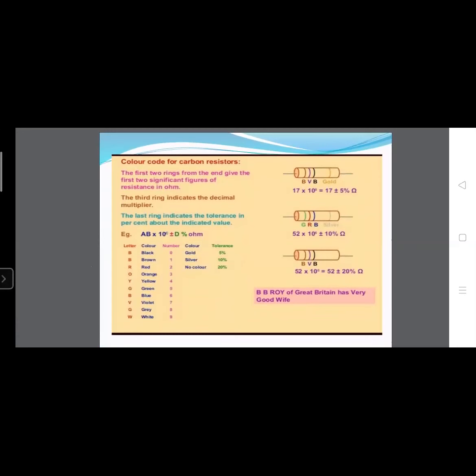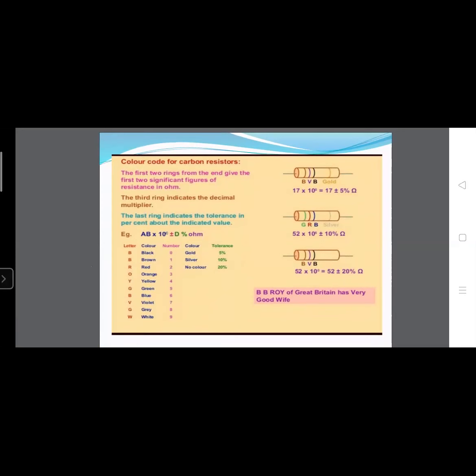Now next is the carbon resistor. What is a carbon resistor? We have discussed resistors till now, and here we are going to discuss the carbon resistor. The value of resistance and their percentage accuracy are indicated on carbon resistors available in the market by a color code printed on them.